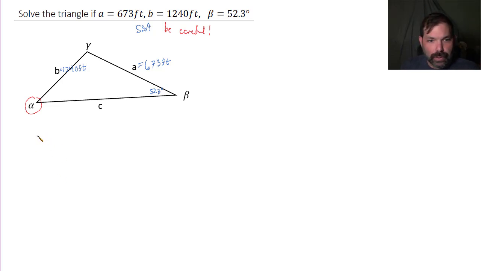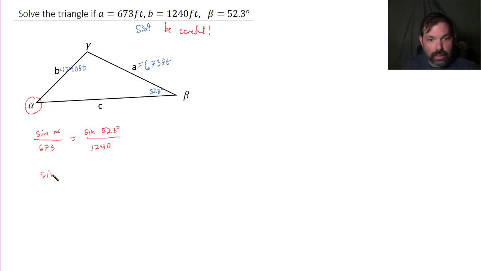All right, so let's see. Then the sine of alpha is to 673 as the sine of 52.3 degrees is to 1,240. All right, so let's multiply through by 673.